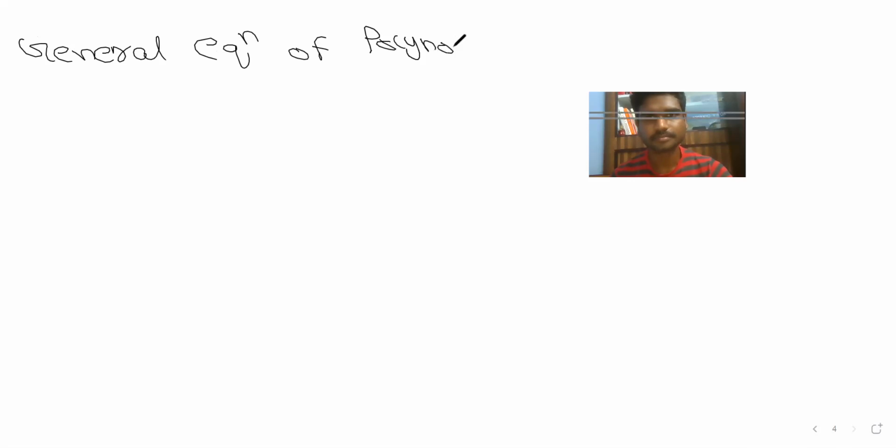Now what we have to do is, all the time we can't write numbers for representing the polynomials, right? That's why we have the general equation of a polynomial.